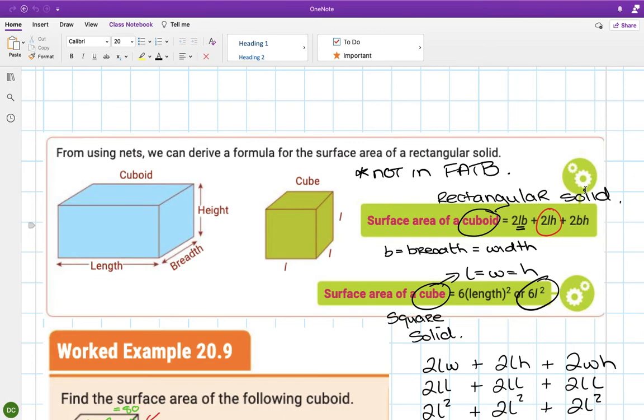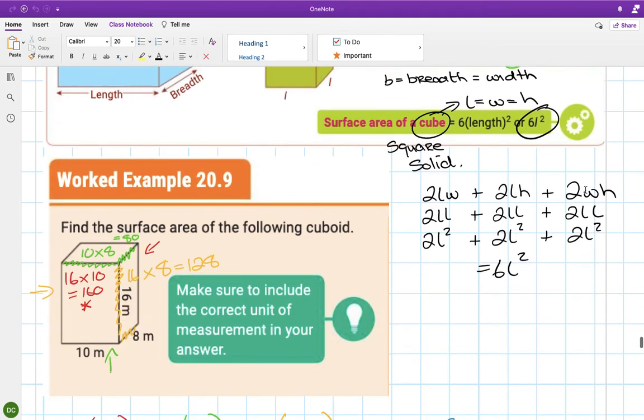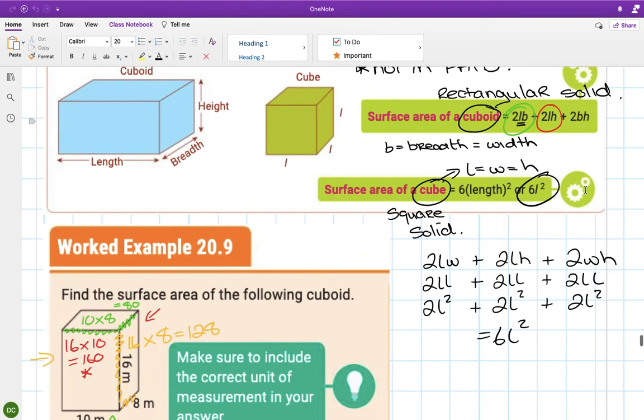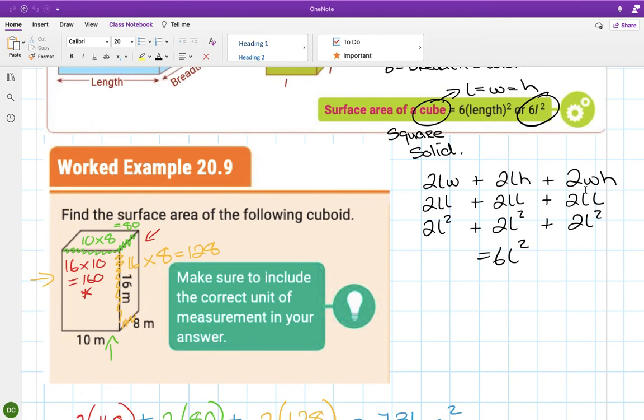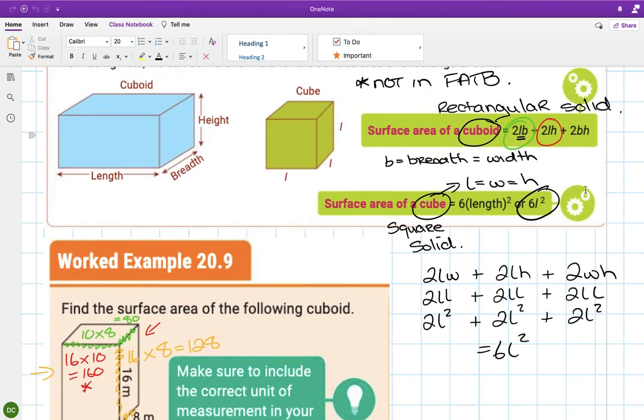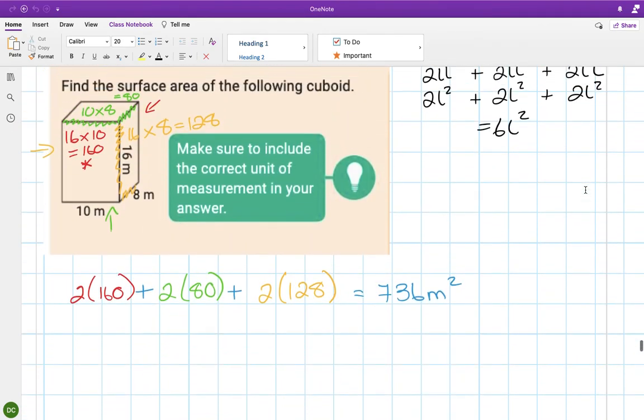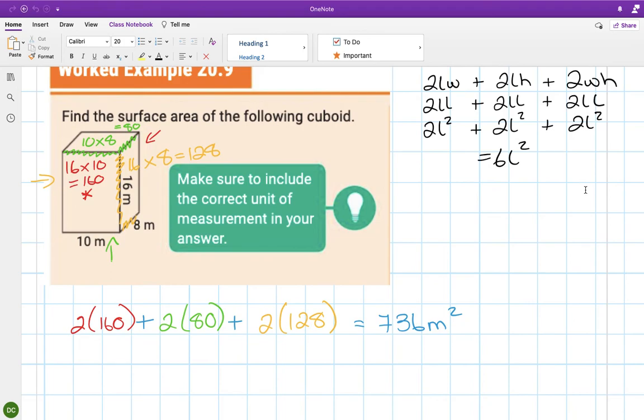So there's the length by the width, and then I doubled it. And then, what's the last one? The width by the height. That was done in yellow. So yellow was the width by the height, and I multiplied it by 2. But again, I didn't use the formula. I just looked at the shape, and I figured out my faces. So that's how you do surface area.